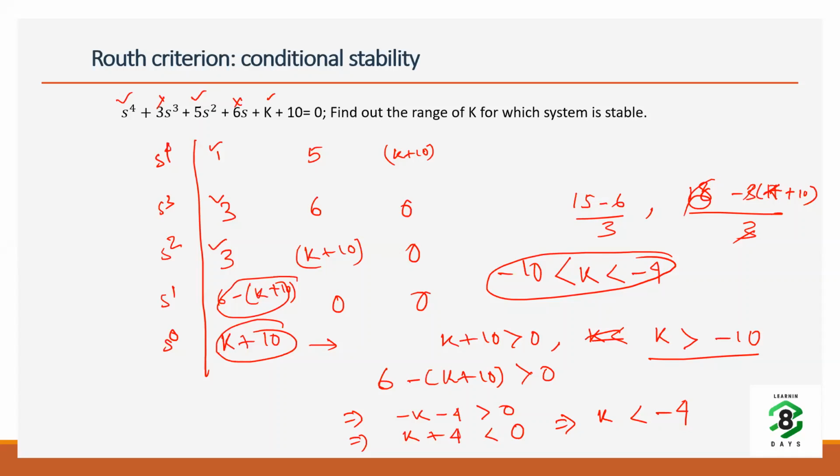If you have the transfer function readily available, you have the characteristic equation, and you can use the Routh array to find out the stability, and even the relative location of the poles, whether the poles are on the right hand side, left hand side, and so on.